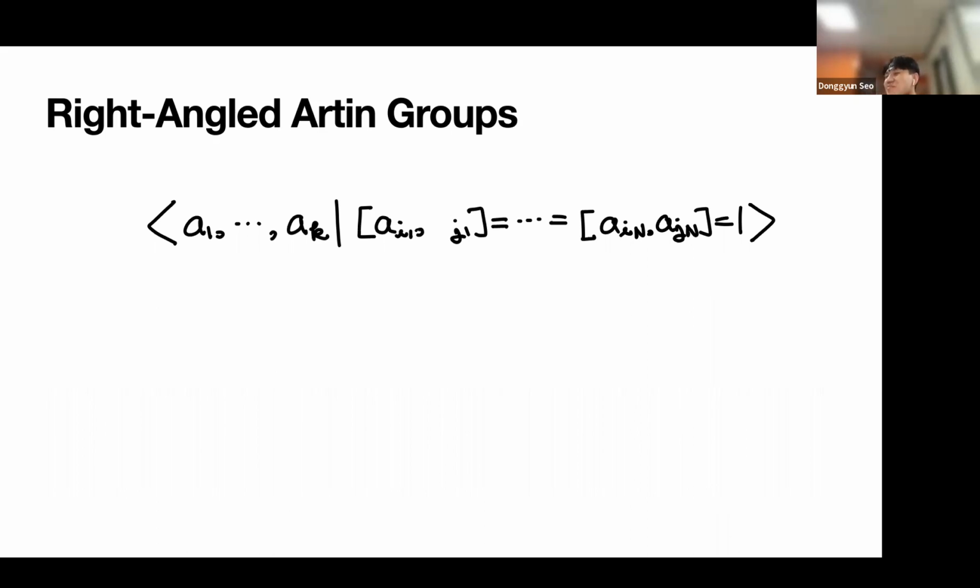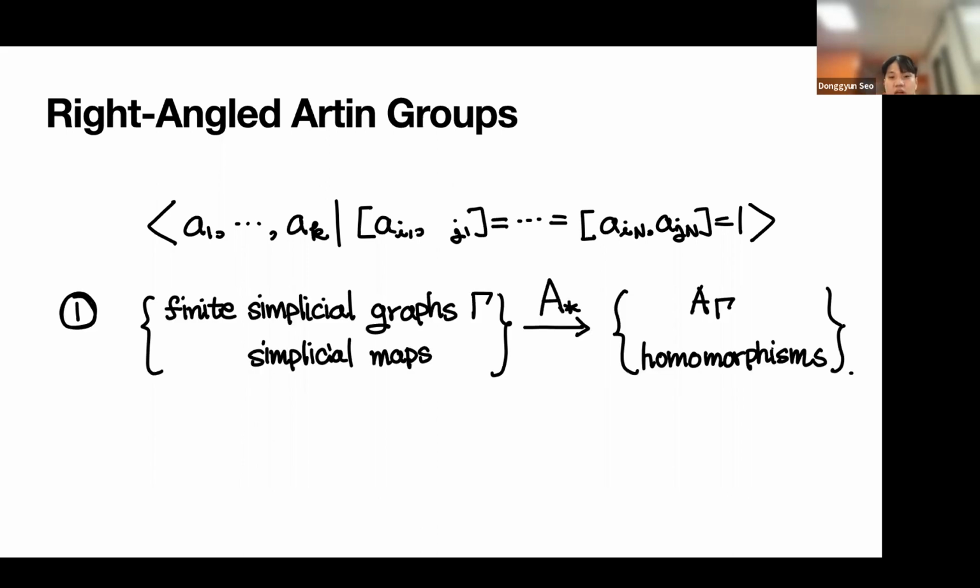As a subclass of the Artin groups, the right-angled Artin group is the finitely presented group whose Coxeter matrix consists of only 2 and infinity. In the finite presentation, every relator is a commuting relation.